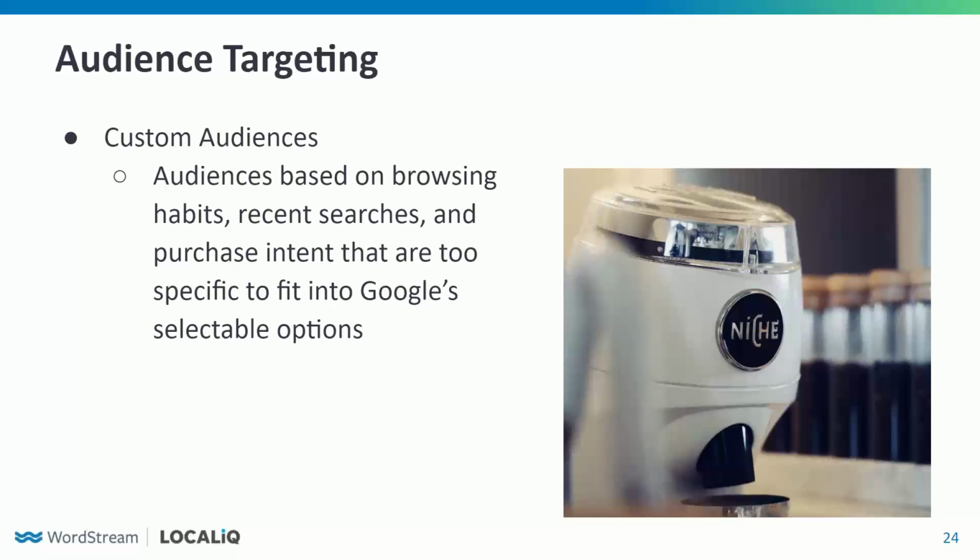If we don't have a remarketing list yet, or what we're looking for can't be found under a specific affinity list or in-market audience, we can go through and create a custom audience based off of either recent browsing habits, recent searches that they've done on Google, or different purchase intents that they may have exhibited, or different websites that they've been visiting. We can add all of this to create a custom audience that we have a little bit more control over, that Google just may not have as much data on for their pre-selectable options.